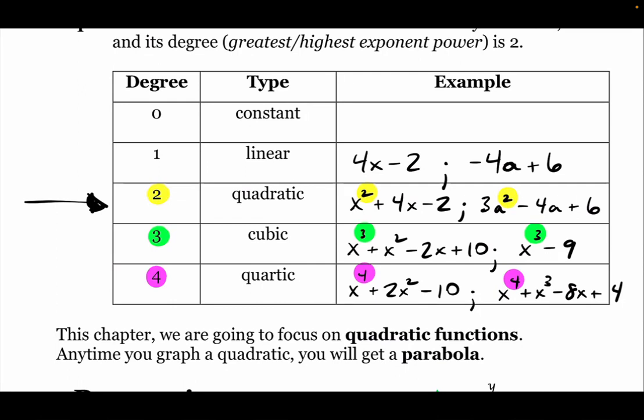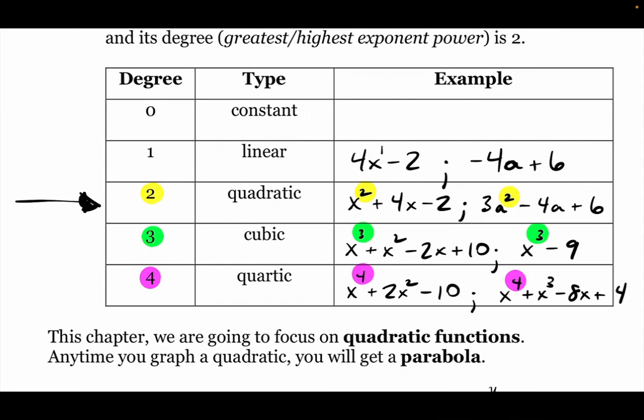Why are these guys linear if there's no powers of 1? These guys had a power of 2, power of 3, power of 4. But why does this guy not have a power of 1? Does anyone know why? Because power of 1 is not written. Yeah, it's not written. It's always there, but it's not written. So actually there is a power of 1, we just don't necessarily write it. Okay?